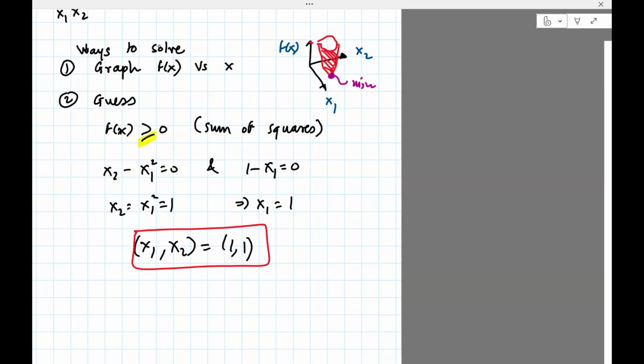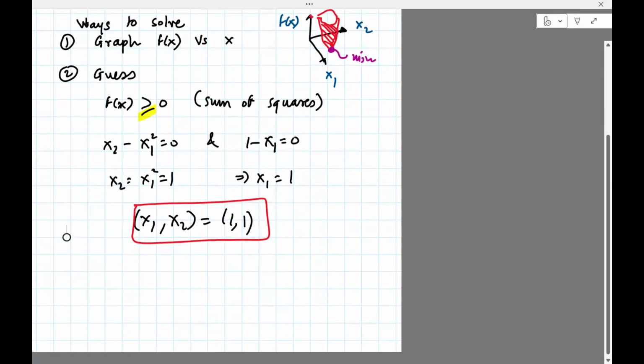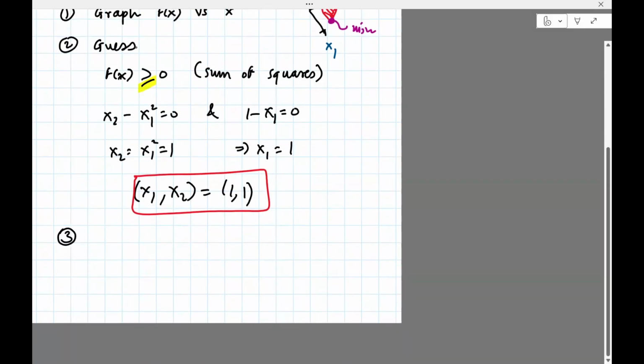Okay, so the third way is the way to go, which is something you might have learned before. If you have a function f of x and you're trying to estimate the minimum or maximum, what you do is you compute df dx and set it to 0. This is known as the extremum.